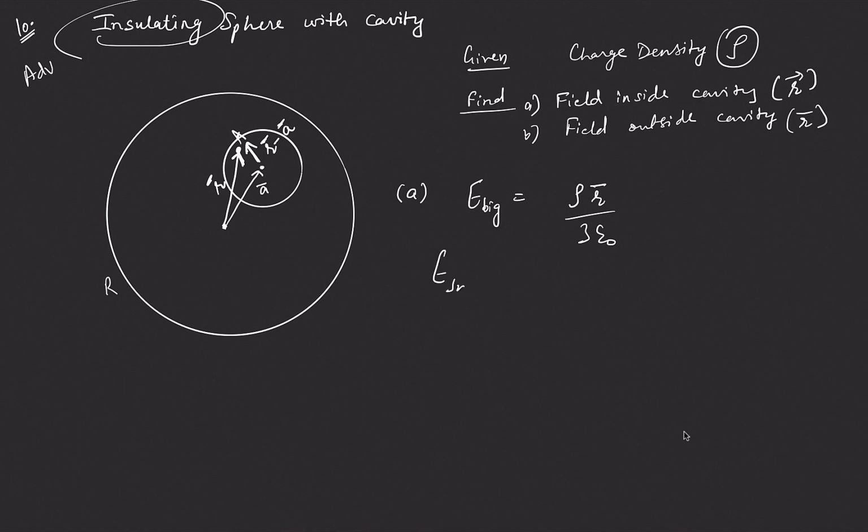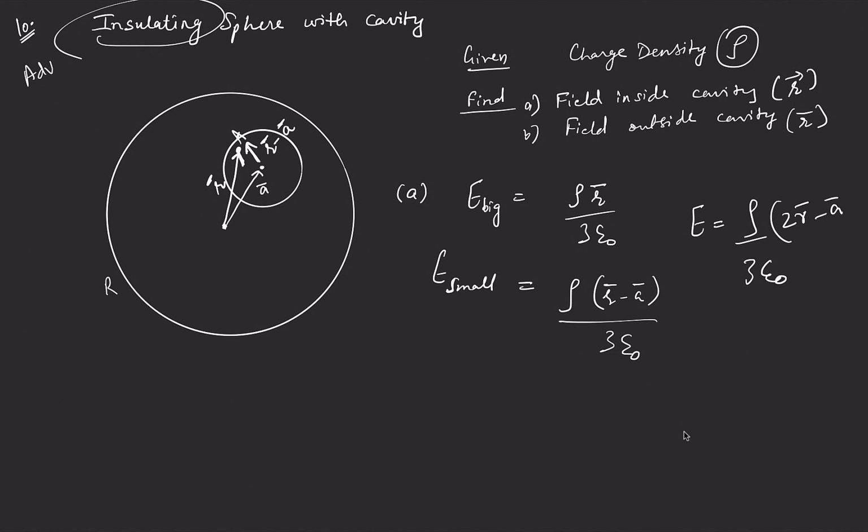Electric field due to the small sphere: the point is also inside the small sphere, but for the small sphere, point A has the vector r vector minus a vector. And now we will add these. So the net field at the inside point would be rho by 3 epsilon naught into 2r minus a vector.